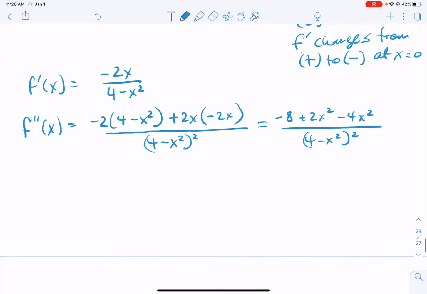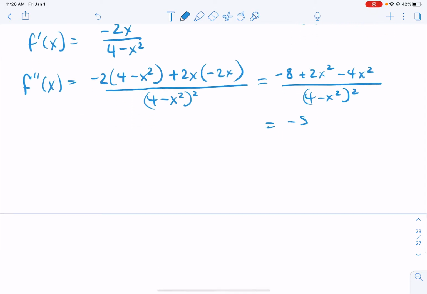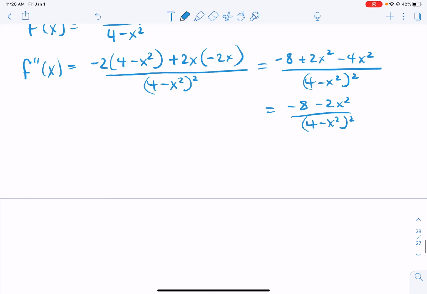Okay, so let's see, I've got a negative 8 minus 2x squared. And then for the sake of finding supercritical numbers, let's go ahead and factor the top. We'll factor out a negative 2 from that. So negative 2, I'd have a 4 plus x squared, I think, over 4 minus x squared. Oh, man, so close. So close to being completely linear almost?